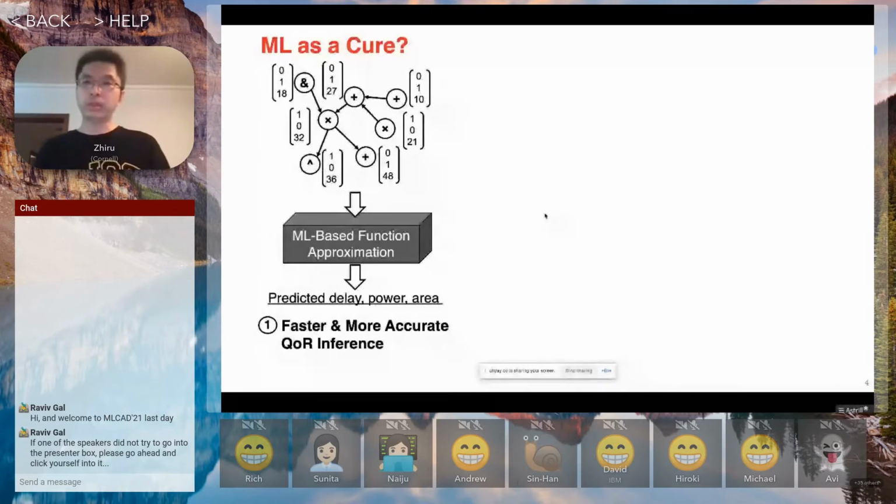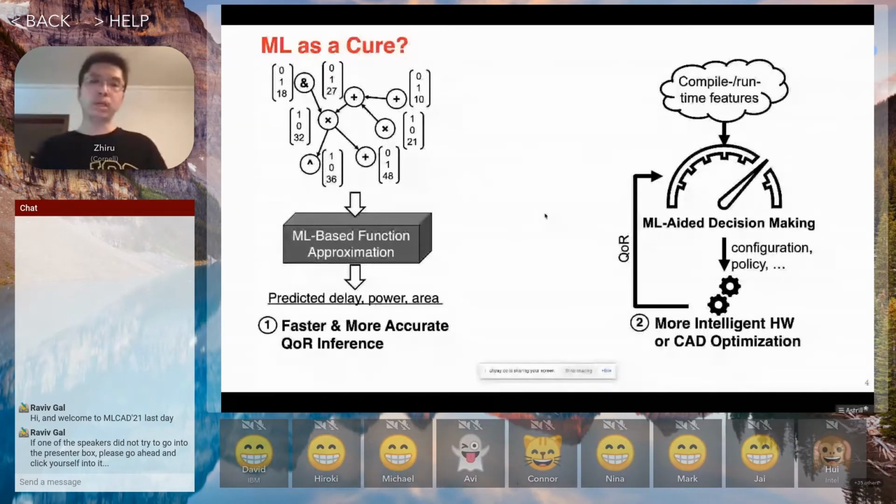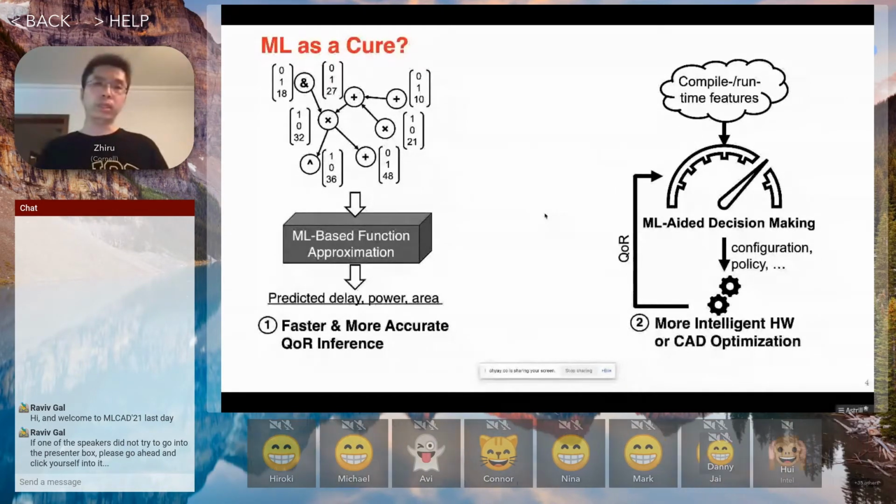For example, ML is really good at approximating functions. Can we build some ML model to act as a glorified function approximator to better estimate the quality of results, to better estimate delay, power, and area? This is one opportunity. And also ML has been shown to be useful in many design decision-making tasks.